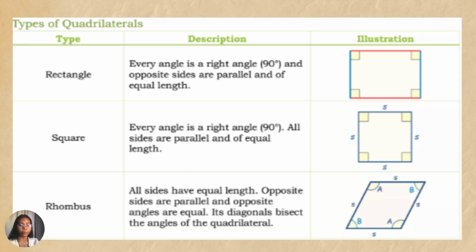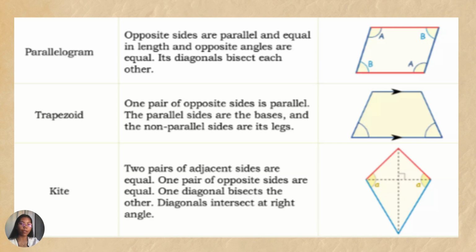An example of this is the diamond-shaped road sign or the kites. This is an example of a rhombus. So how does a rhombus differ from a square? A square has right angles, but a rhombus may not. So that is why.